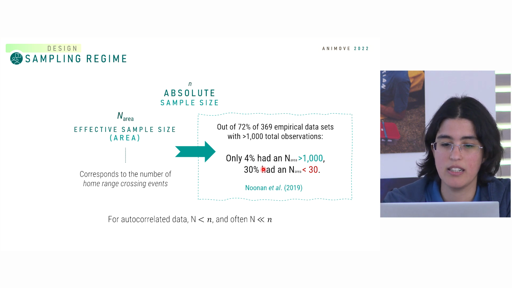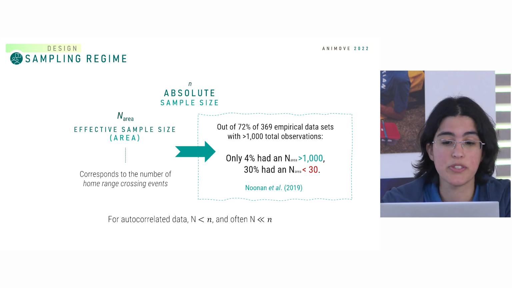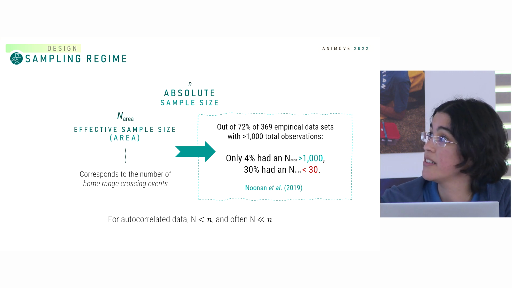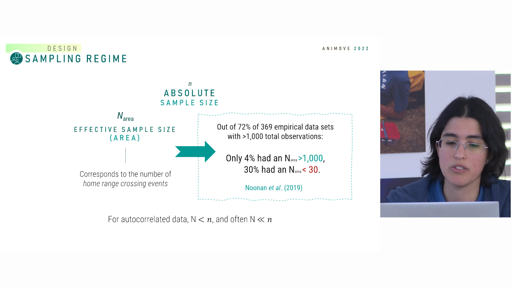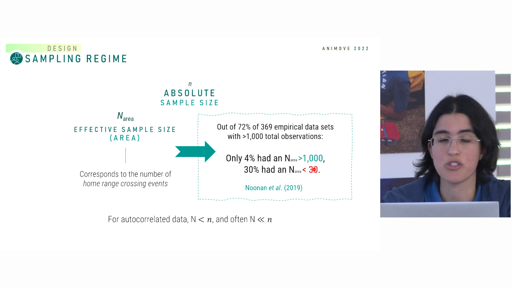Out of 72% of these empirical data sets with over 1,000 total observations, only 4% had an effective sample size over 1,000, and 30% had an effective sample size of less than 30, and obviously the rest were between those numbers. So it's very unlikely that you'll get a nice, big effective sample size, and very likely that you'll end up here, where things are a bit more tricky to design.